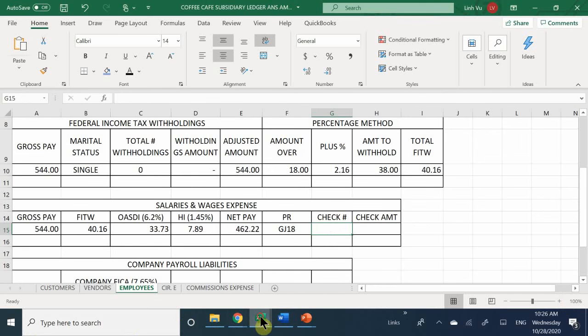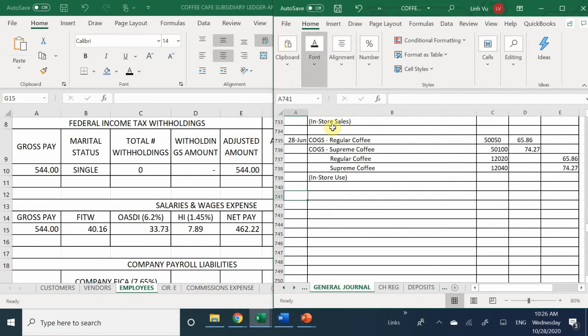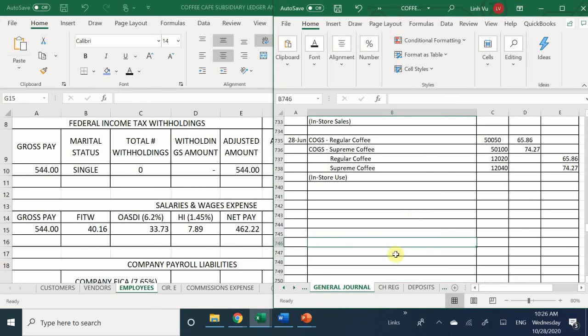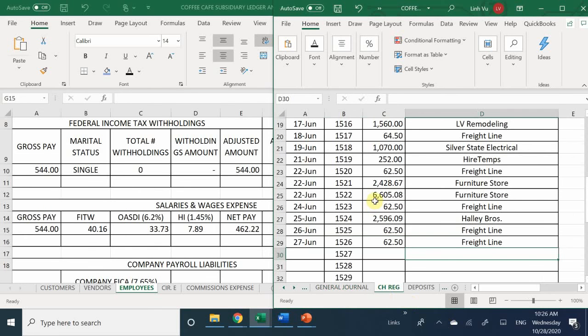1527. Let's go ahead and look at our journal. If we're going to be on the 18th journal, 18. Okay, let's look at our check register. It's for 1527. So let's go ahead and fill this in right now.